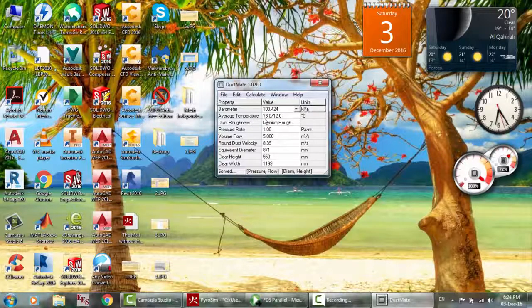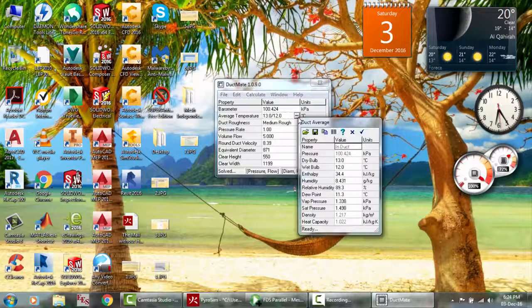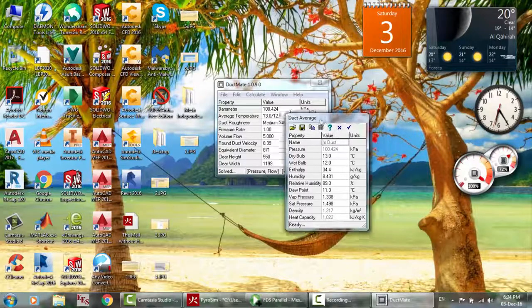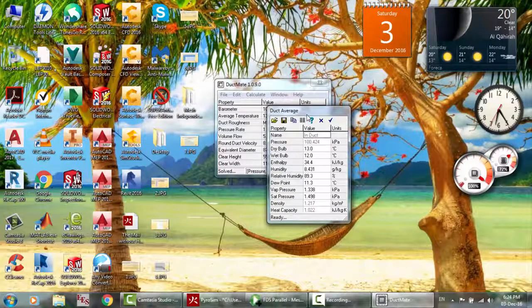And here the average temperature, click on this. Here is the average temperature inside the ducts. So you have to know the supply duct may be 12. Okay, and you have to enter the wet bulb.